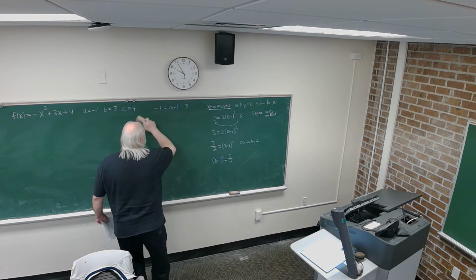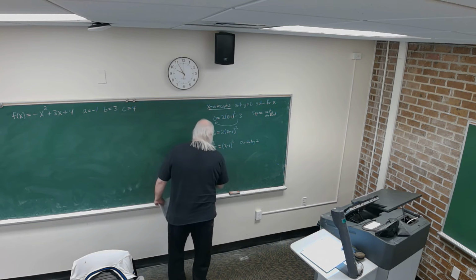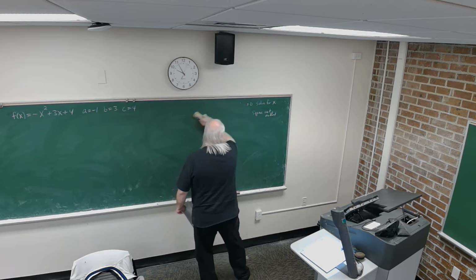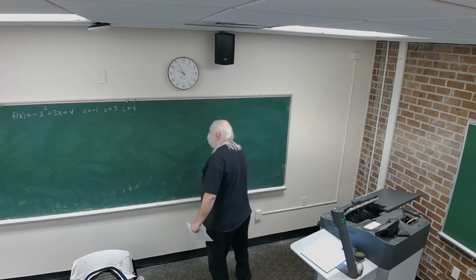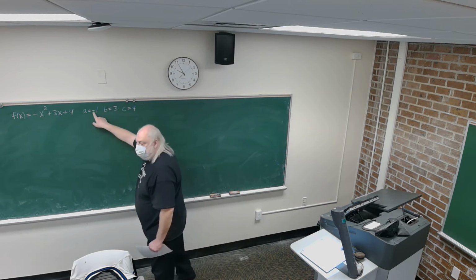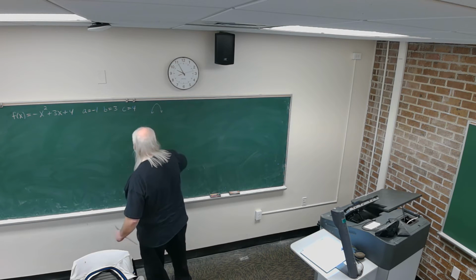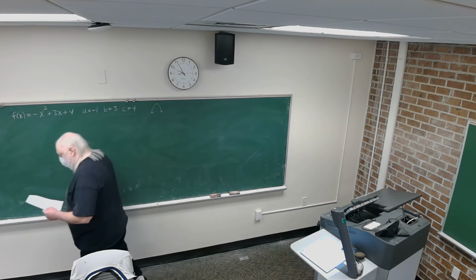Does the parabola for this quadratic function open up or open down? It opens down, right? Because a is negative. The parabola is going to open down. Okay.